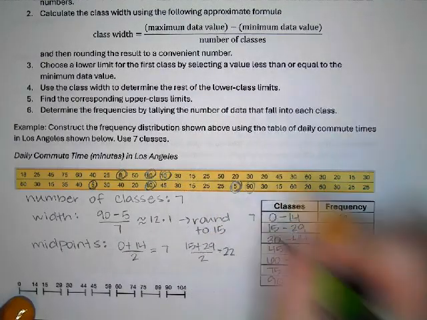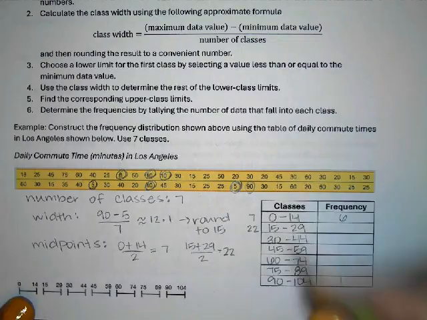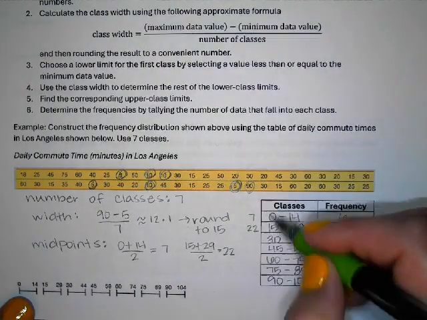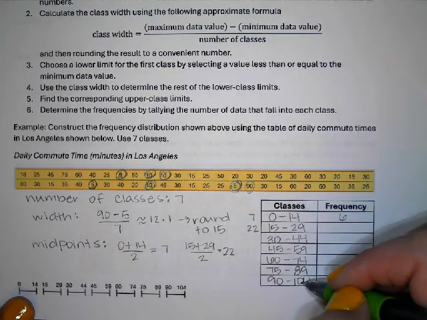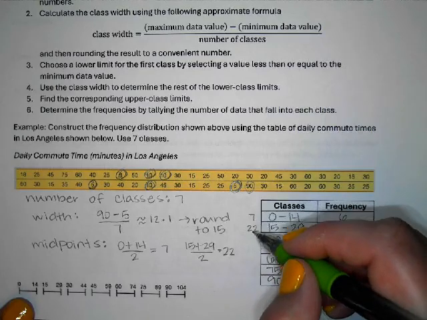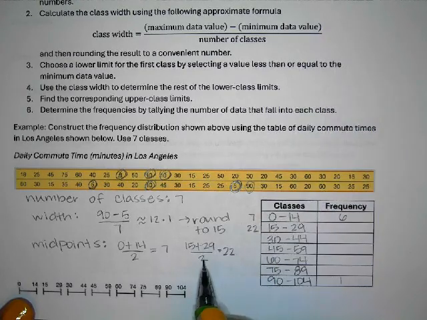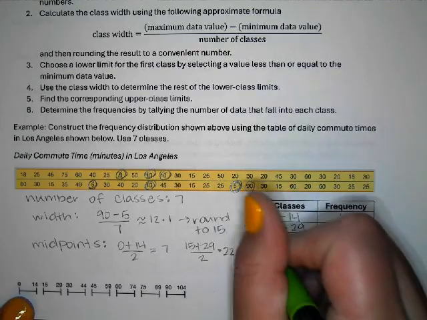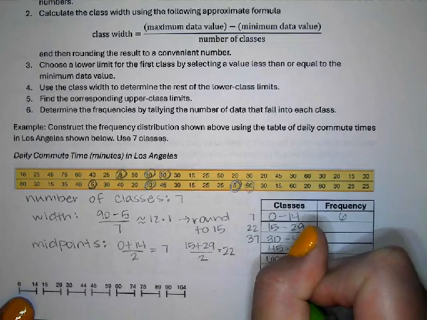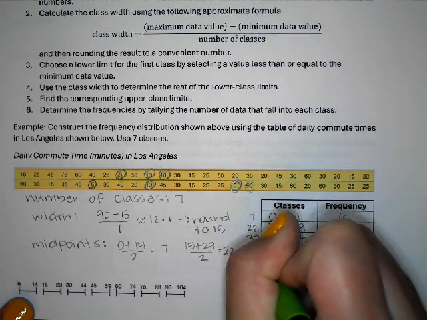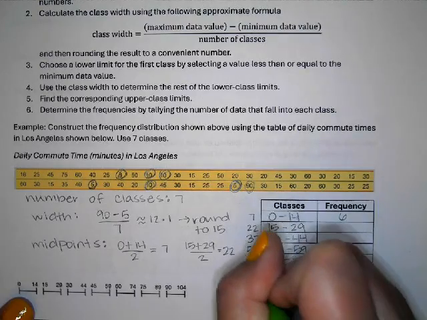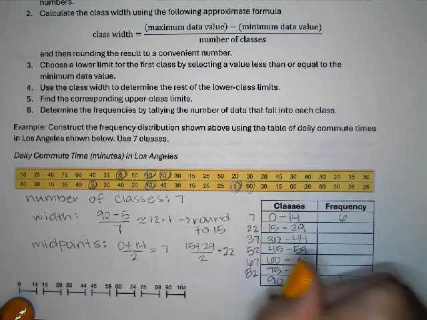Now, if the width for the lower class is 15 and the width for the upper class is 15, the width for the midpoints is going to be 15 as well. So for here, you can keep calculating them this way, or you could just start adding 15. So 22 plus 15 is 37, plus 15 is 52, plus 15 is 67, plus 15 is 82, plus 15 is 97.